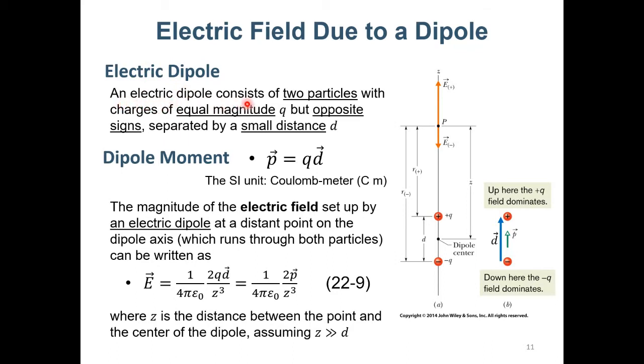The electric dipole consists of two particles with charge of equal magnitude Q but opposite sign, which means that this one has positive Q charge and another one has negative Q charge. They should have the same amount but opposite sign, and they are separated by a small distance d, and they keep this distance. So we call it a dipole.